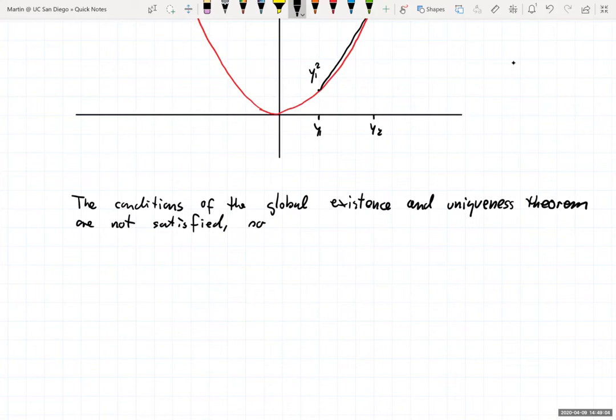So the existence of a solution for all times is not guaranteed. For all times does not follow.